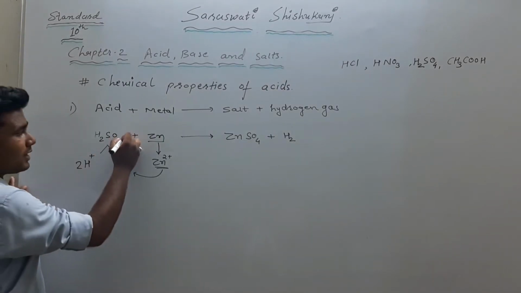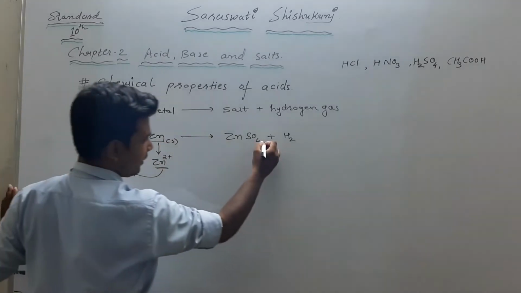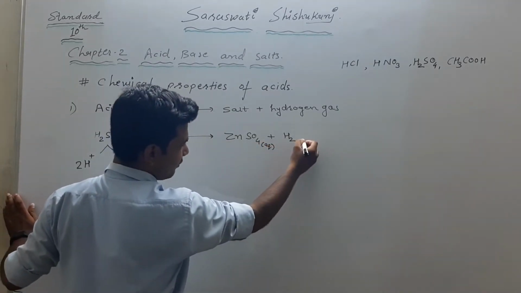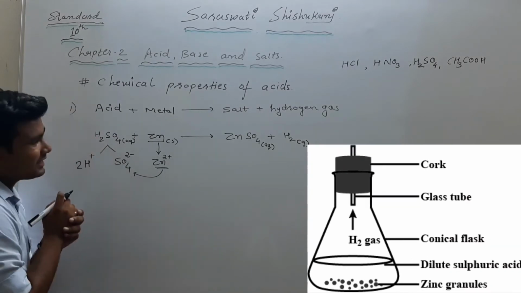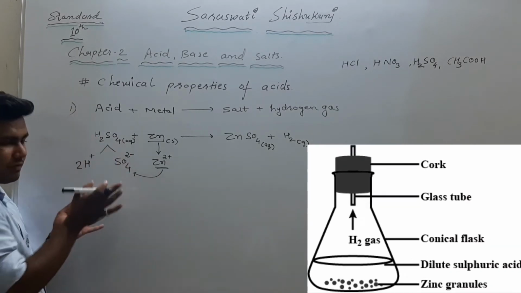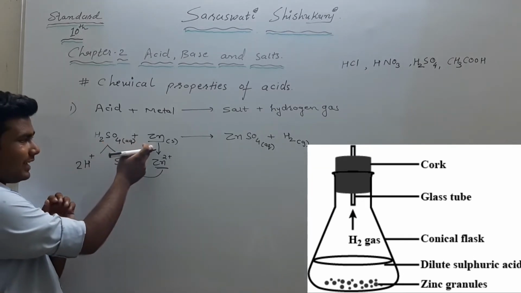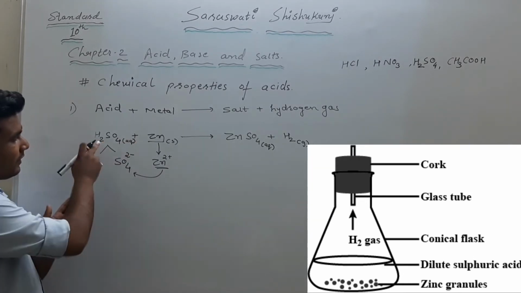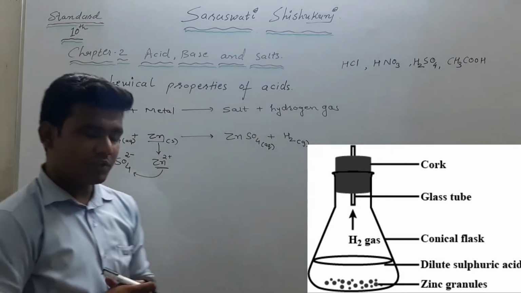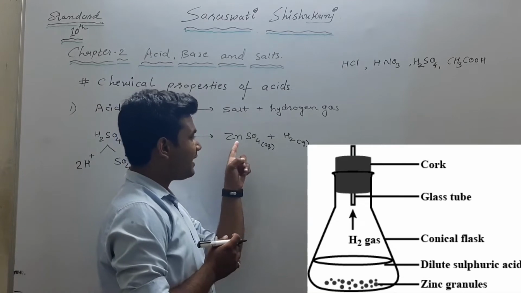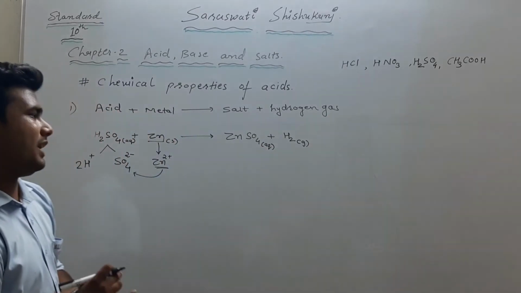You can perform an activity also. Zinc is solid, the solution is aqueous, and hydrogen is in the form of gas. How can we perform it? We studied this in chapter number 1: if in a test tube or a beaker you take zinc and add H2SO4, that is our sulfuric acid, the aqueous solution we get will be ZnSO4, and the gas released will be hydrogen.